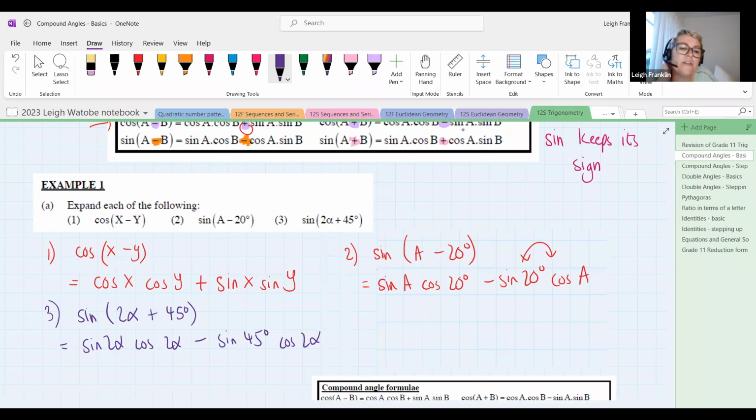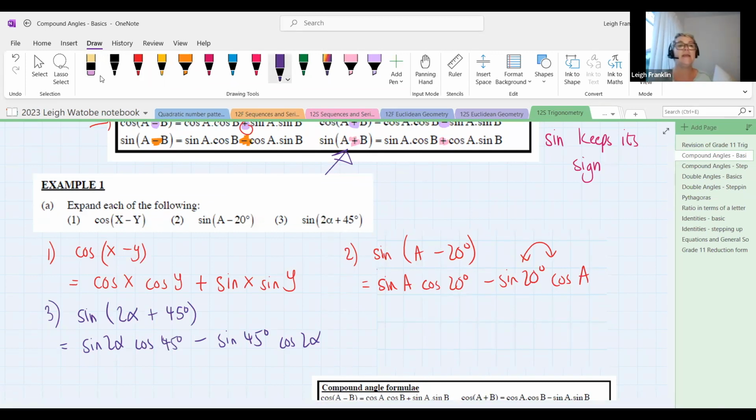Now there's something that's not correct here, because I'm using sine 2a plus 45. So that looks like this one over here, sine a plus 45. So that should be sine 2a. Then over here, it should be cos of angle B. So this here should be 45 degrees. Okay, so let's just change that to 45 degrees.